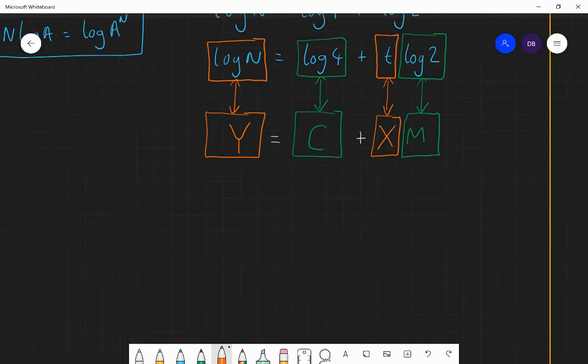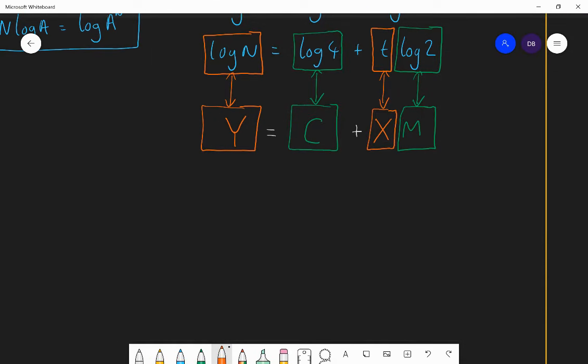So now I can draw the graph of log n equals log 4 plus t log 2 on an axis. I'll draw my y-axis, and that y-axis is the log n axis. So we use a logarithmic scale for the y-axis. For the x-axis, it's just the value of the time, the t. So that isn't a logarithmic scale. It's just the y-axis which will use a logarithmic scale.